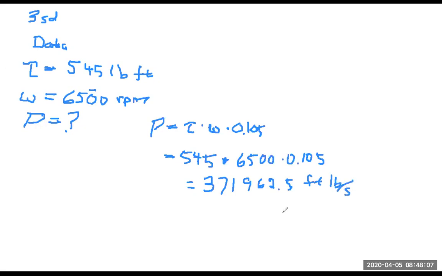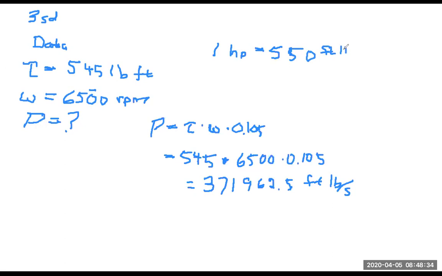Okay, now to convert that, I have a conversion, and that is that 1 horsepower, this is defined, and I don't know where the definition came from, but it goes back to the days when horses did all the work before the internal combustion engine came along, is 550 foot-pounds per second.